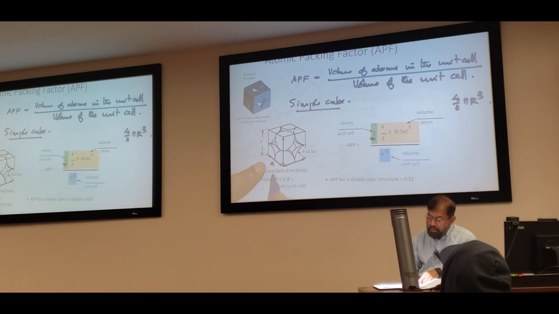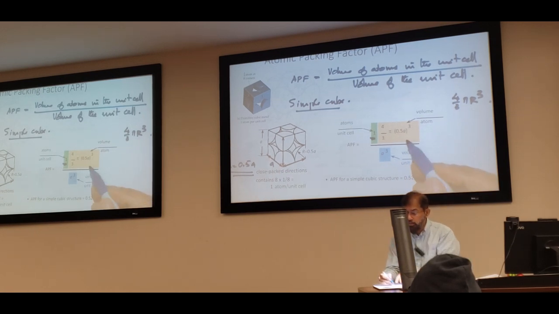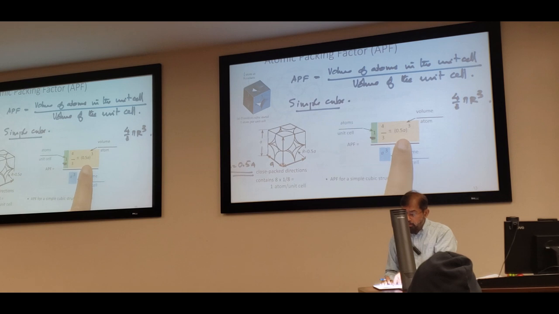Or we can say that R is equal to 0.5A. Okay? Because 2R is equal to A, R is equal to 0.5A. R, we can substitute as 0.5A.